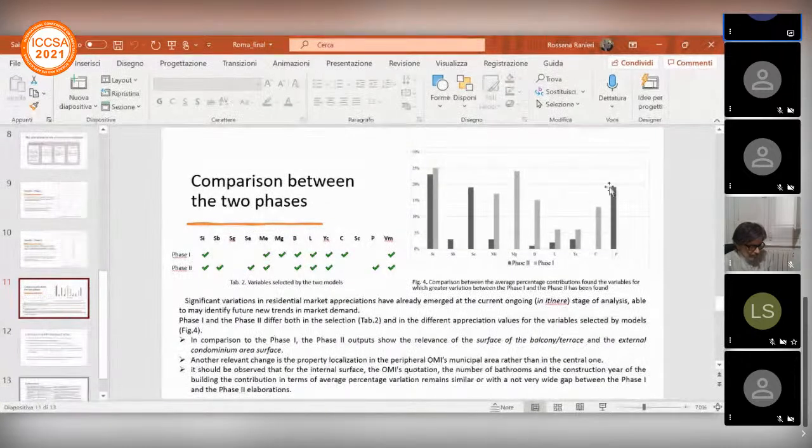And the difference in appreciation for the central and the peripheral area is quite different.